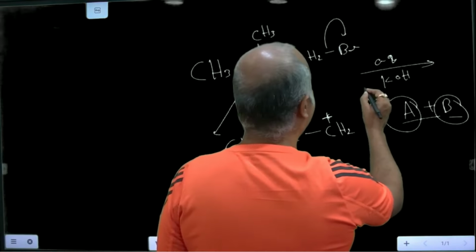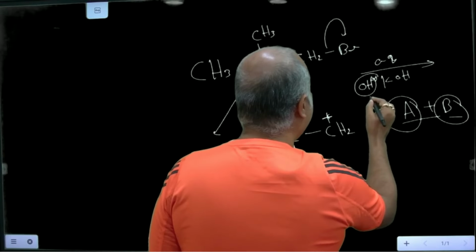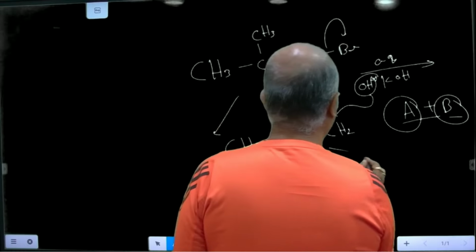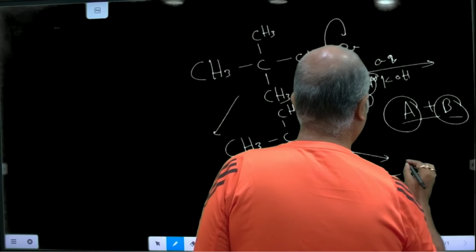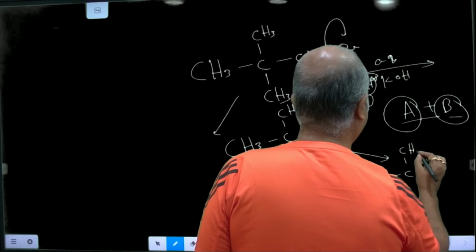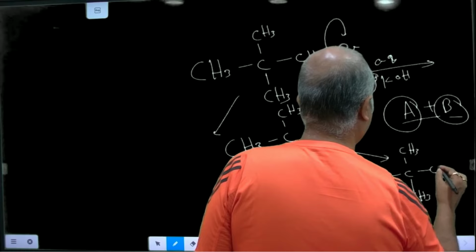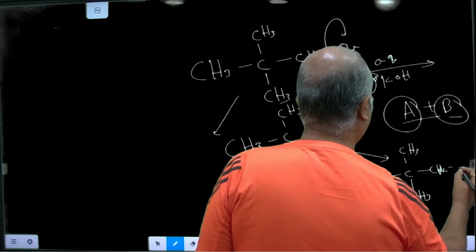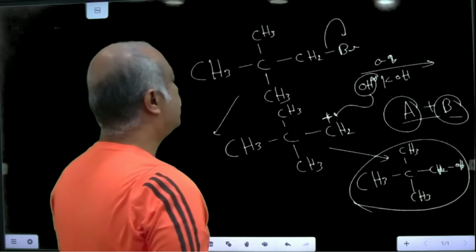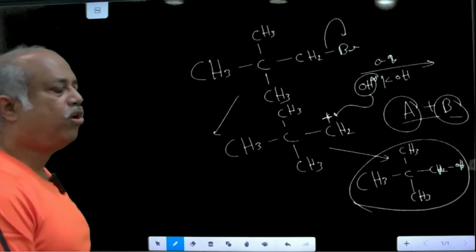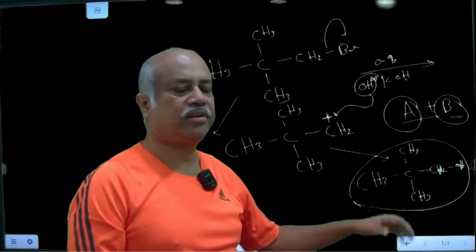Then OH minus attacks that part, it will produce CH3, CH3, CH3, CH2 OH. That is the minor product, due to formation of a less stable carbocation.